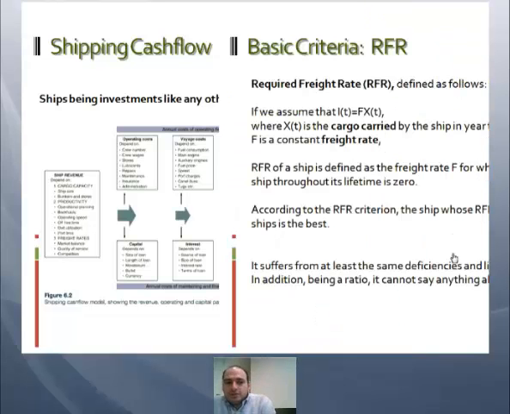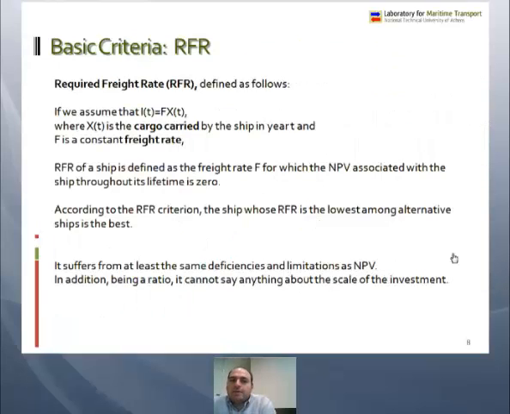So going back to these basic investment criteria, the RFR, required freight rate, is another criterion. This is also a major one, and this is a criterion that we as naval architects personally use when we design a vessel. When you design a vessel, you want the ship owner to make a profit out of what you are designing.